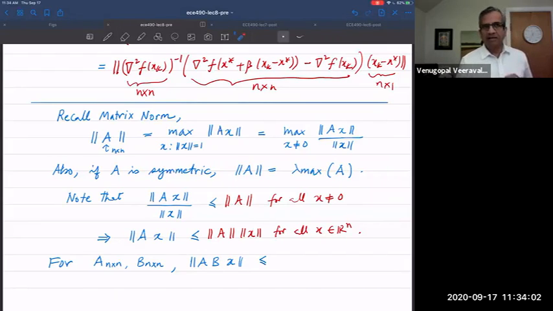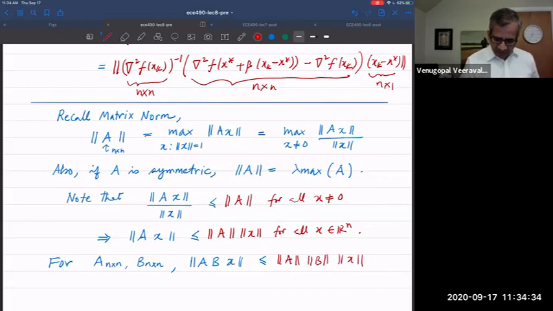I can have a sequence of n by n matrices that multiply x, and if I want to upper bound the norm of the product of the matrices times x, I can just upper bound it by the product of the norms of the matrices times the norm of x. We'll use it with just two matrices, because that's what we have here. We have some A and a B times x. So if I have A, B, x and take the norm, then I get the norm of A, norm of B times norm of x. Is that clear?